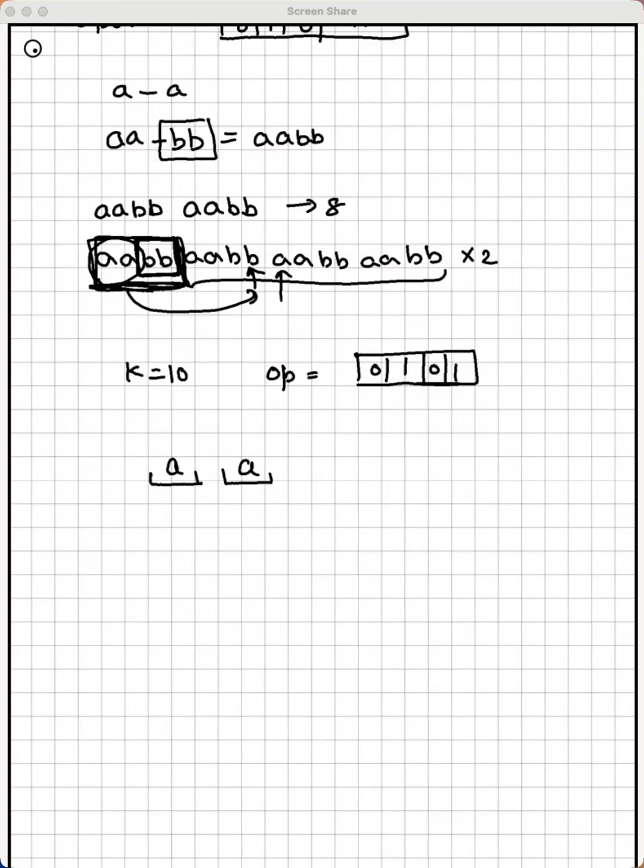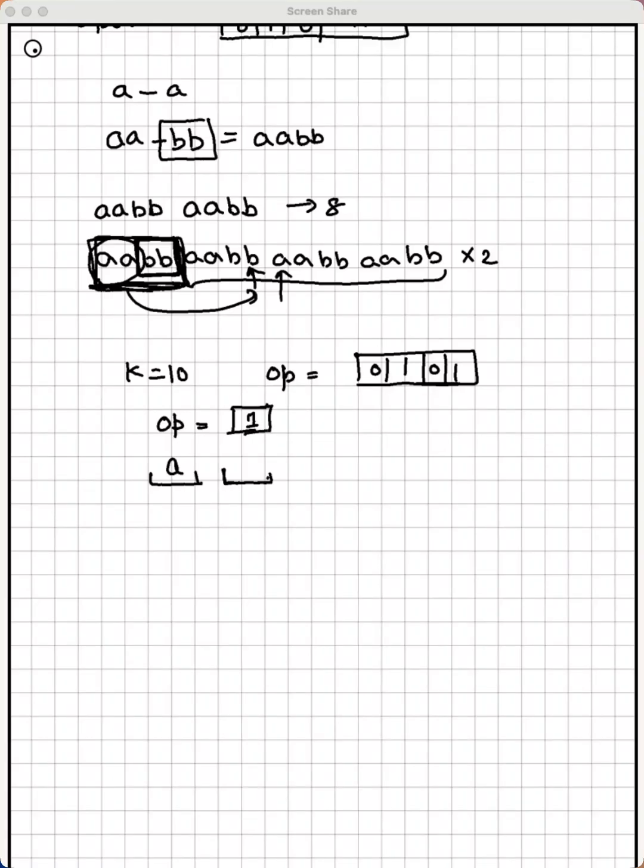Let's say I don't know what this is, and if I'm looking at my operation at the first place, let's say it was 1, and that's all I had. I just had one iteration.